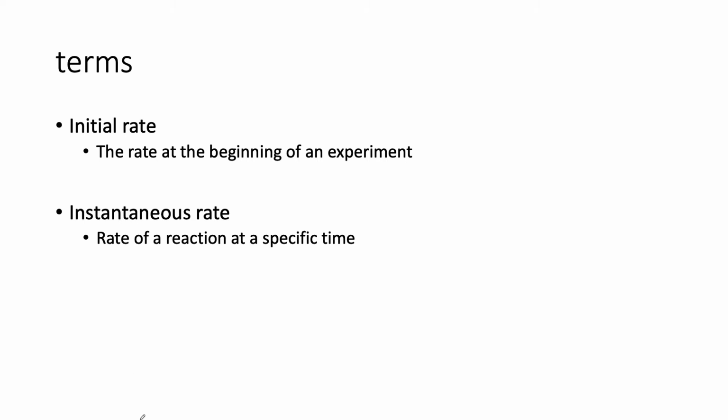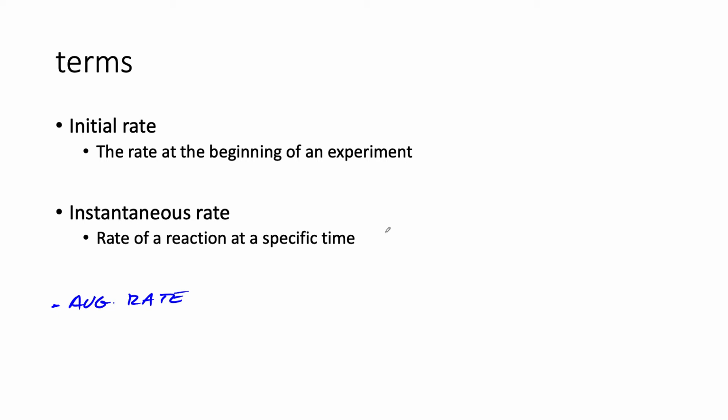So we've got a couple of terms that we need to talk about. We have initial rate, instantaneous rate, and average rate. The initial rate is the rate at the beginning of an experiment. That's what we usually work with. Instantaneous rate is great, but you need calculus to determine it, and it's the rate of reaction at a specific instant of time.